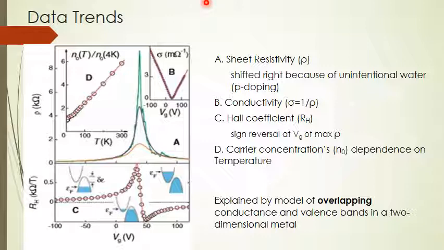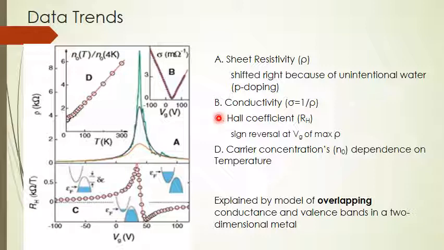So on this page, the electronic data output derived from the multi-terminal Hall bar device is shown. It's to be noted first that there was unintentional p-doping from water. This was not expected, but it shifted all the data rightward as far as sheet resistivity, conductivity, and the Hall coefficient go.